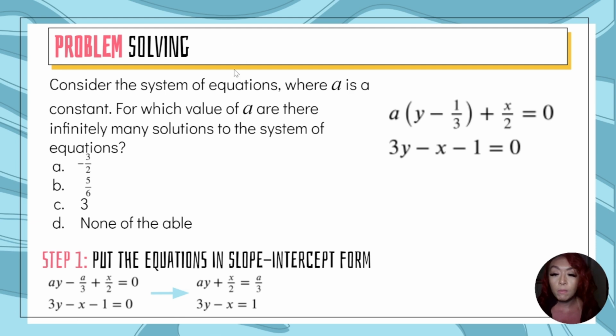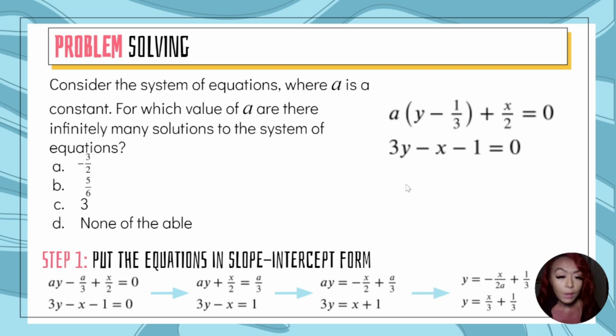All we're doing is simplifying using the distributive property and then inverse operations. Now we'll divide by the coefficient and we get our system of equations in slope-intercept form. So we have y equals -x over 2a plus 1/3 and y equals x over 3 plus 1/3.